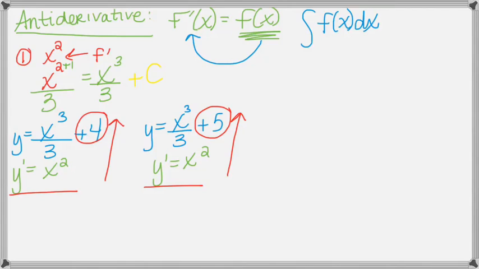So let's look at another example. Let's say I have dy dx is equal to 1 over x squared plus x plus 4.